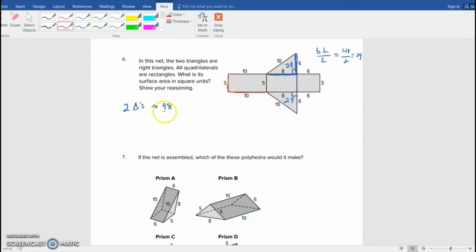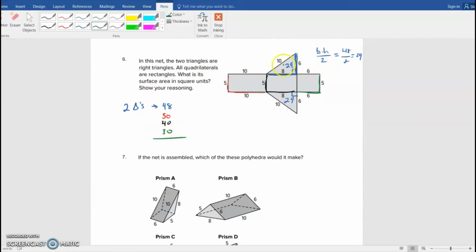So 5 times 10 is 50. And I have this rectangle, which looks like it's 5 by 8. 5 times 8 is 40. And lastly, this rectangle looks like it is 6 by 5. And 6 times 5 is 30.